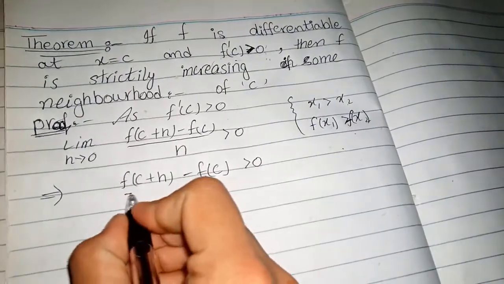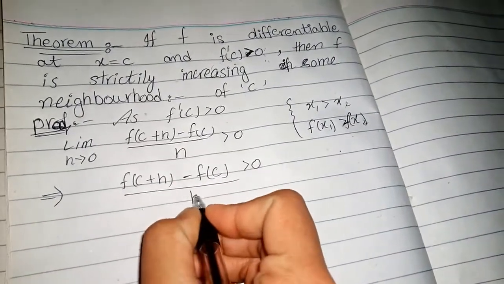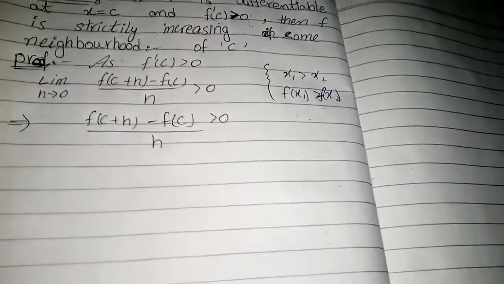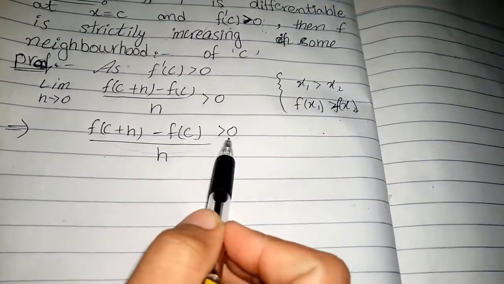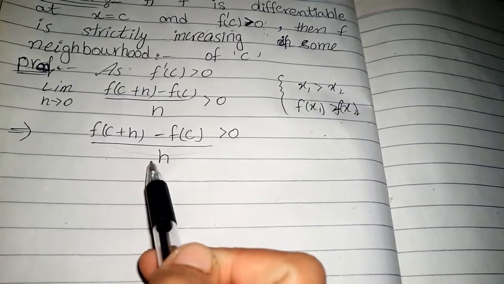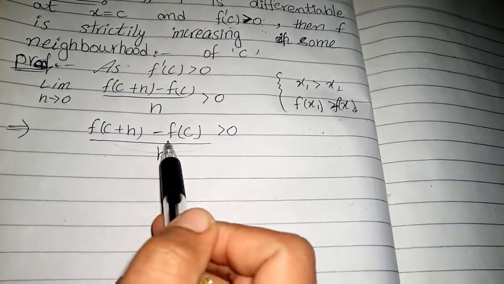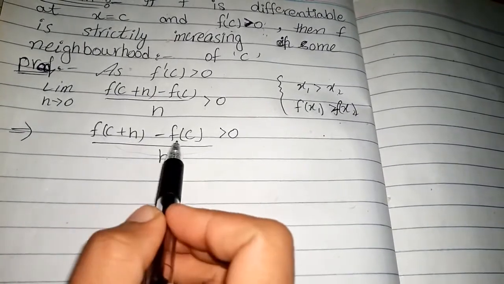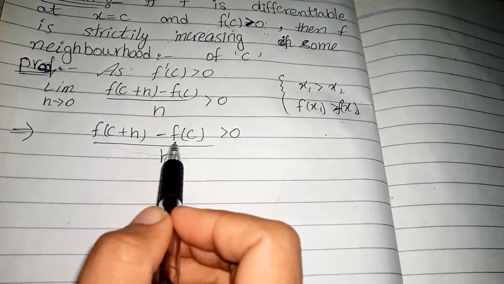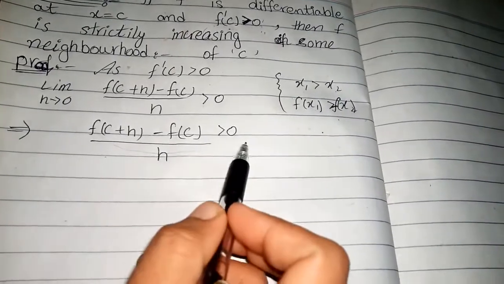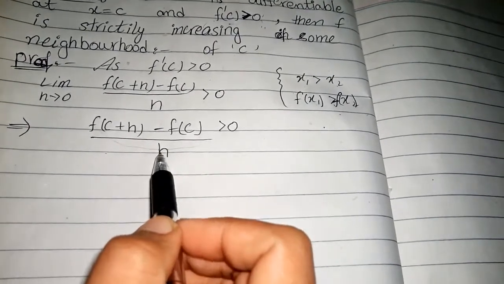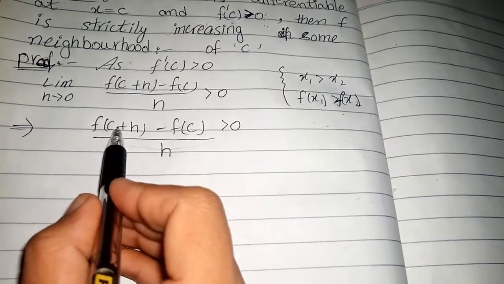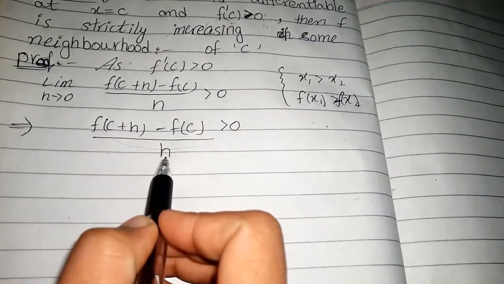Here students, we see that if the whole value is greater than 0, then the numerator and denominator must have the same sign. That means if the value is positive, then the numerator and the denominator must have the same sign.